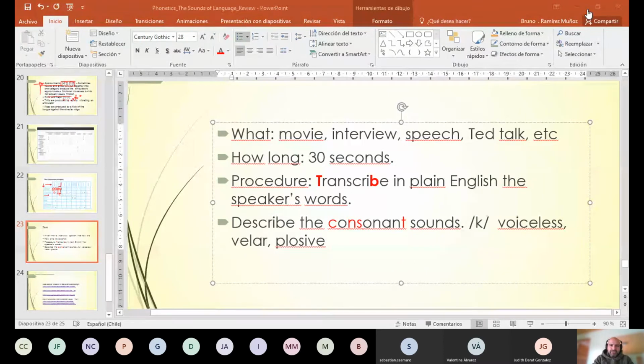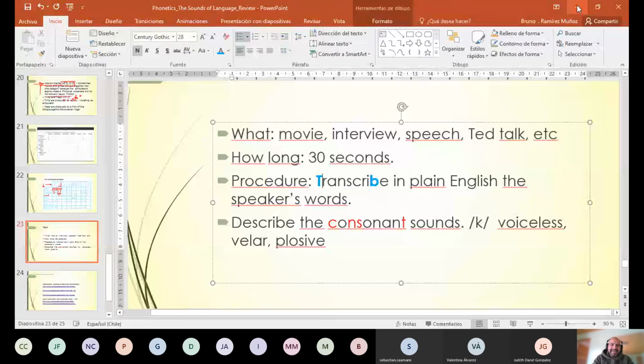A good idea would be to use a highlighter, or a different color, a red color or a blue or a green, saying, okay, the initial sound in transcribe is t, which is voiceless, alveolar, and plosive, etc., etc. So you can give us some visual clues to which specific consonant sound you are referring to or describing.